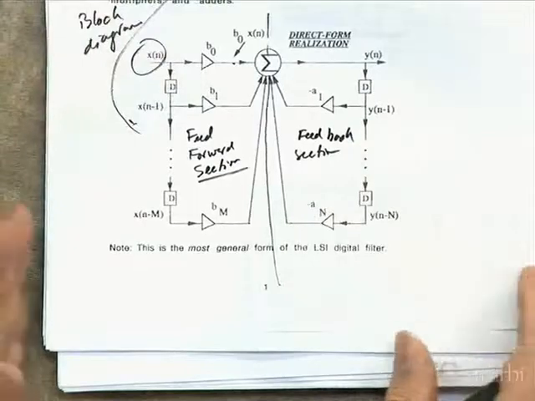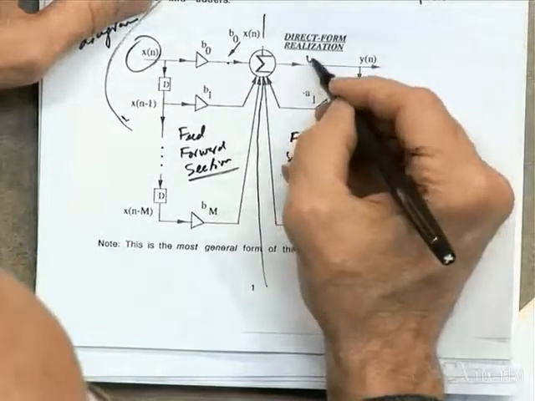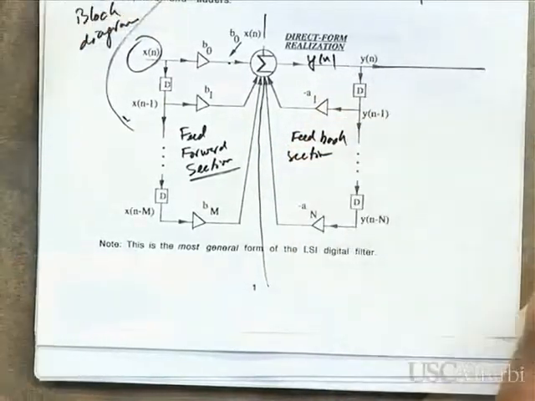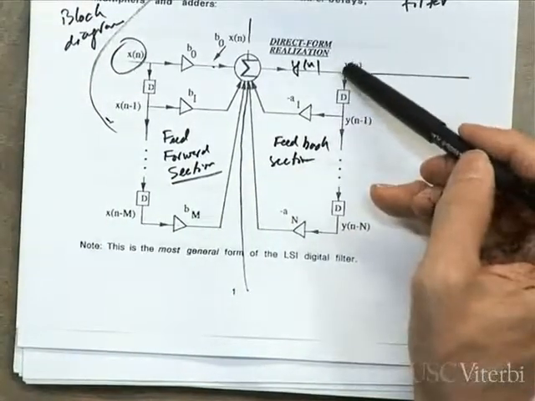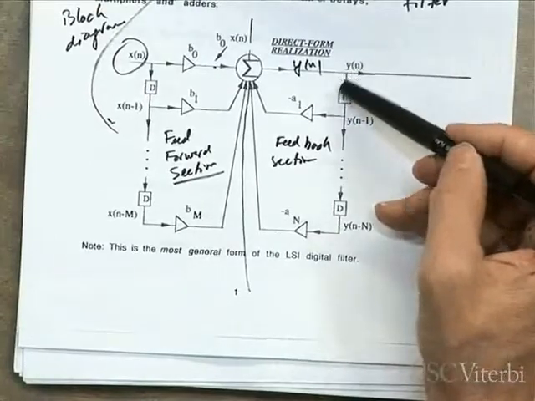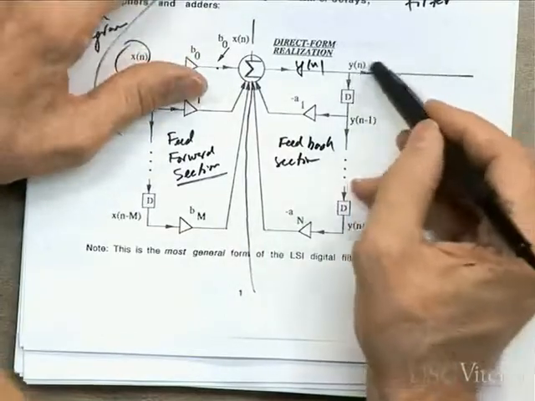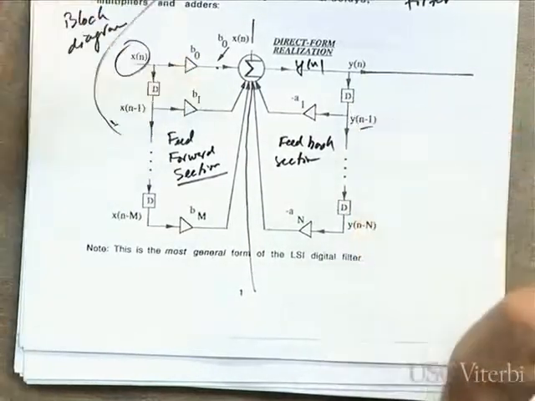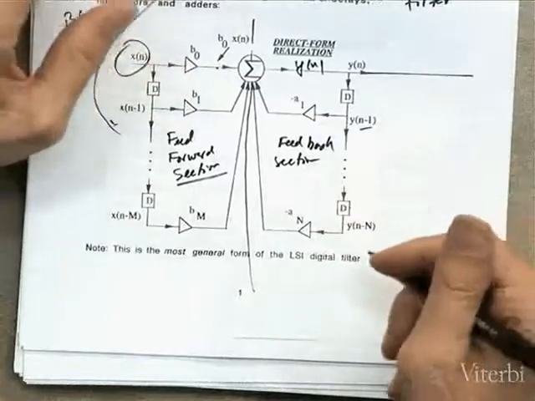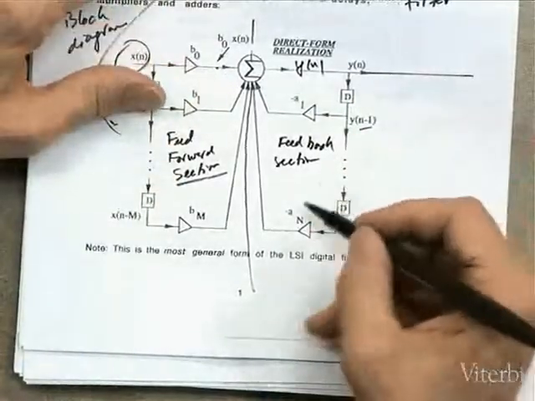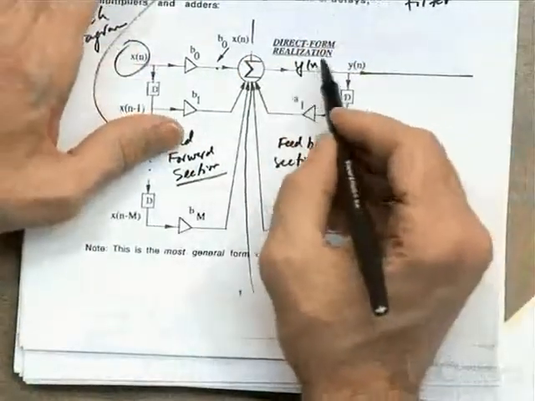And what do we do with the feedback section? Well, here comes our output. This is y of n. That's going out, but look what happens to it. At the same time, before it goes out, it gets fed back in the sense that this signal, y of n, the output, gets delayed, so this is y of n minus 1. That gets multiplied by minus a1, and so on down the way, y of n gets delayed capital N times, and it gets multiplied by its coefficient, and those sum into this filter, which produces the output.